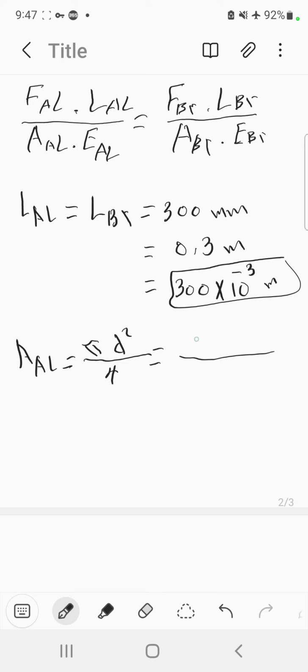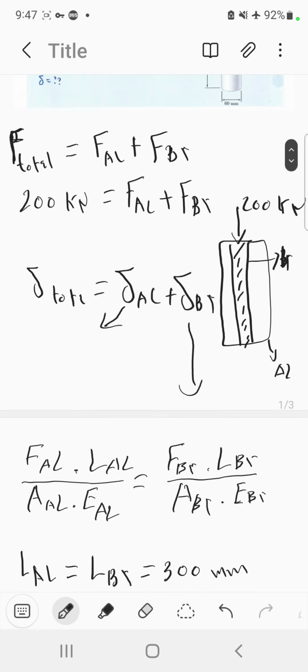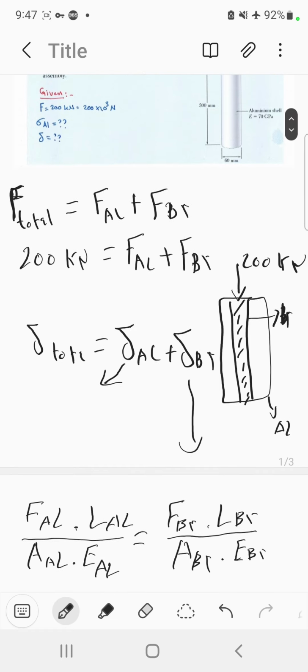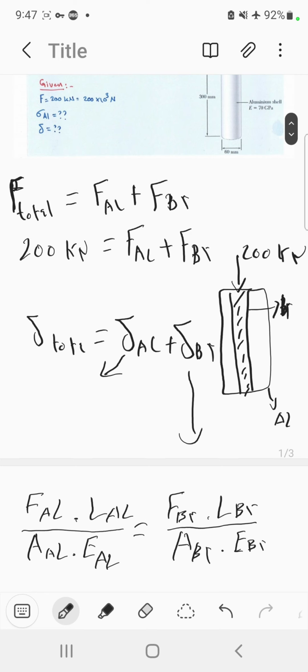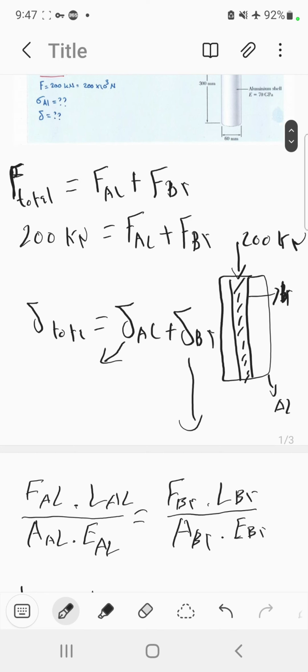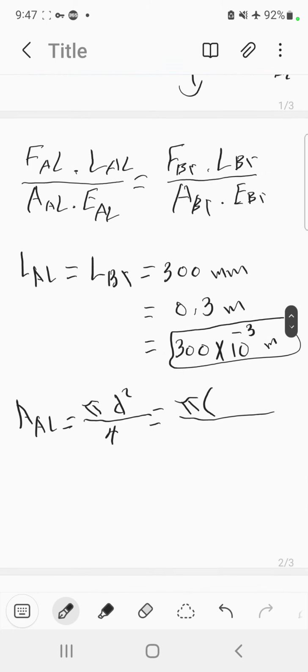The diameter for aluminum is 60, and for brass it is 25.